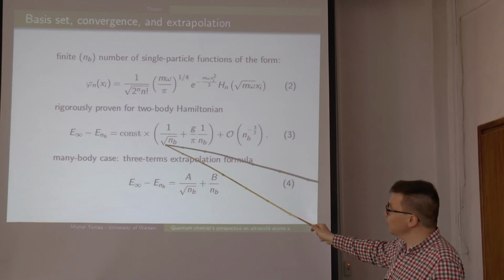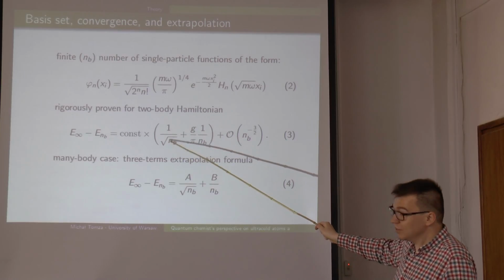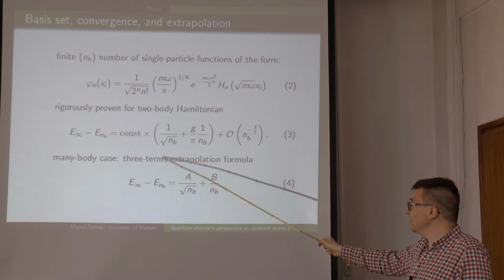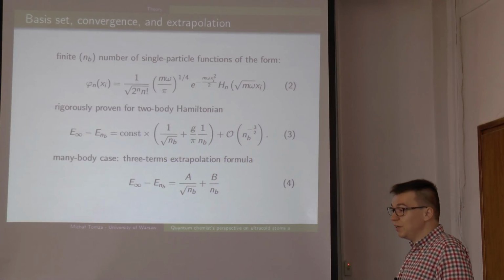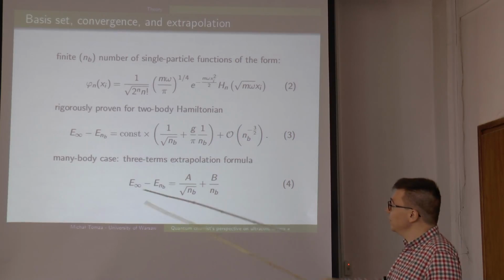This is a very slow convergence: 1 over the square root of the number of basis functions. So we have to use a really huge number of one-particle basis functions to get really converged results.